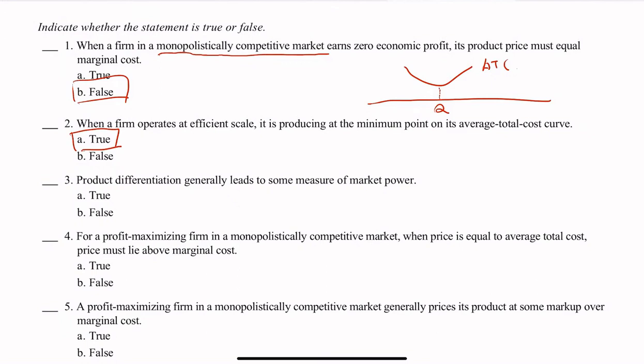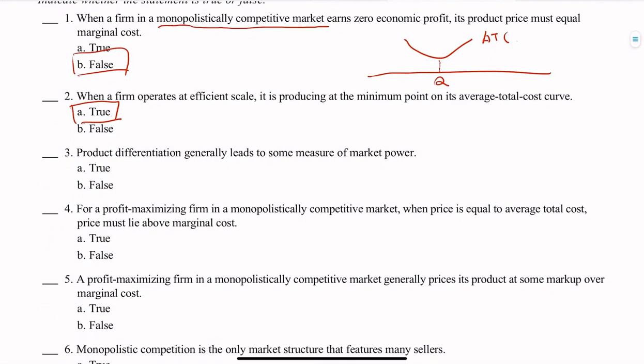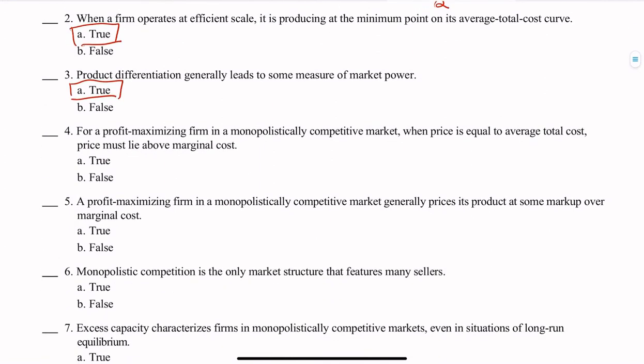Product differentiation generally leads to some measure of market power. Well, I said this several times, so this is true. For a profit maximizing firm in a monopolistically competitive market, when price is equal to average total cost, price must lie above marginal cost.